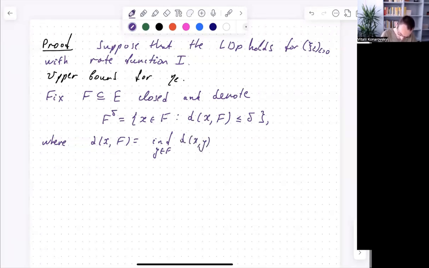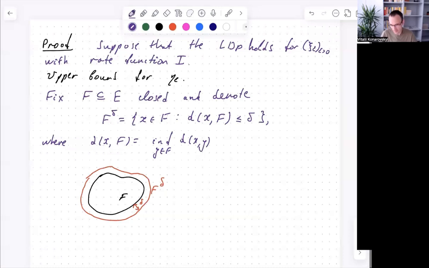In other words, if this is your set F, then the delta neighborhood is the set where the distance is equal to delta at the boundary. It is F delta.